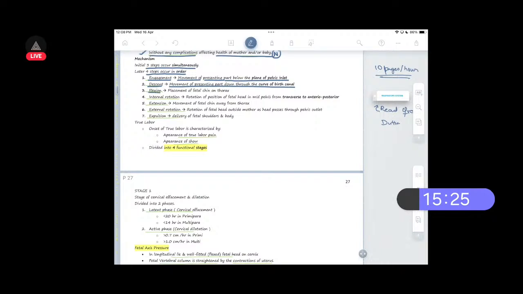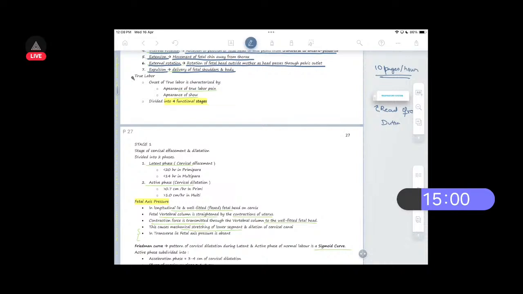Flexion is placement of the fetal chin on the thorax. Internal rotation is rotation of the position of the fetal head in the mid pelvis from transverse to AP. Extension is movement of the fetal chin away from the thorax. External rotation is rotation of the fetal head outside the mother as the head passes through the pelvic outlet. Expulsion is delivery of the fetal shoulders and baby.